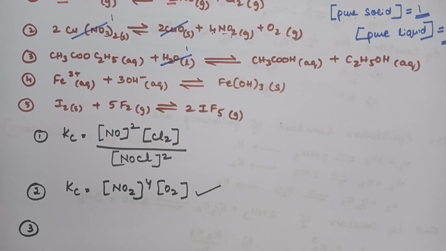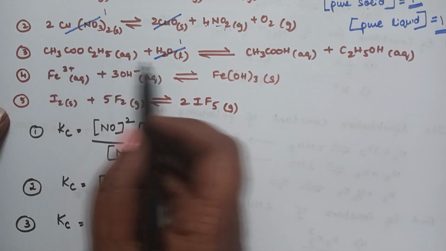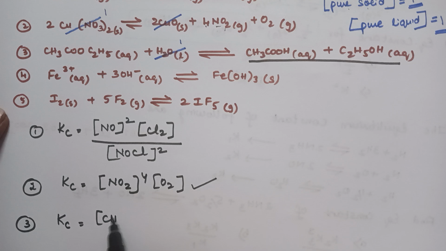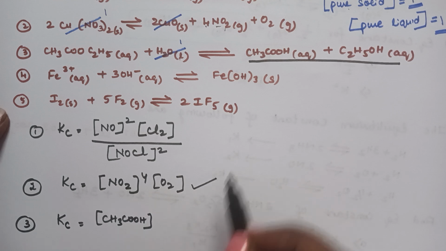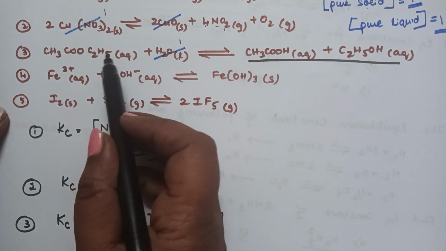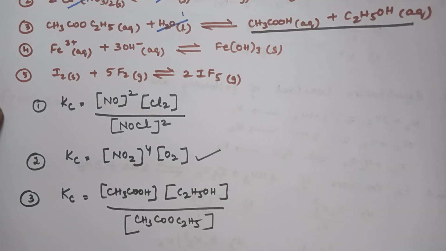Only pure liquids and pure solids we do not write. So for the third one, Kc will be equal to the products: CH3COOH, whose stoichiometric coefficient is 1, so there is no need to write power 1, it is understood, then C2H5OH, divided by the reactant we have here, CH3COOC2H5. So this is the expression for Kc.